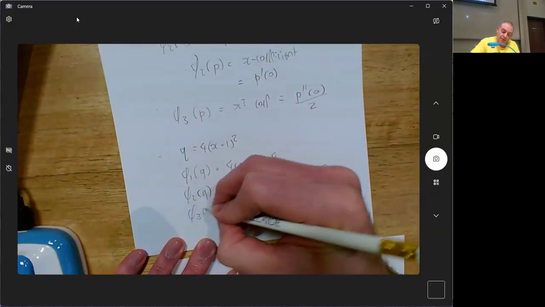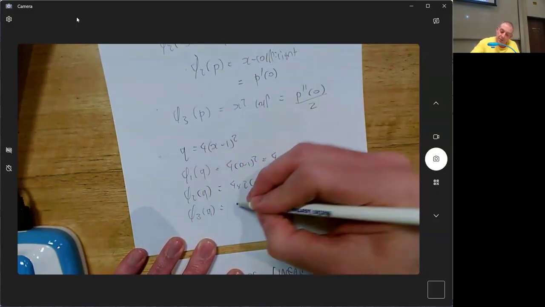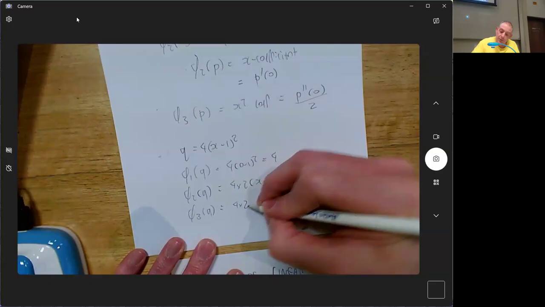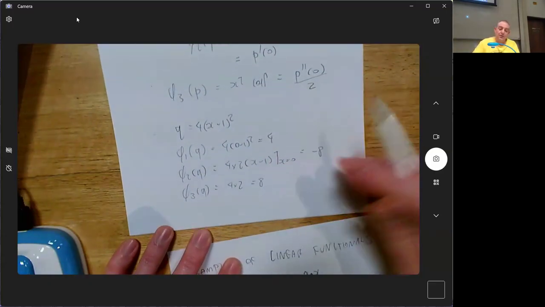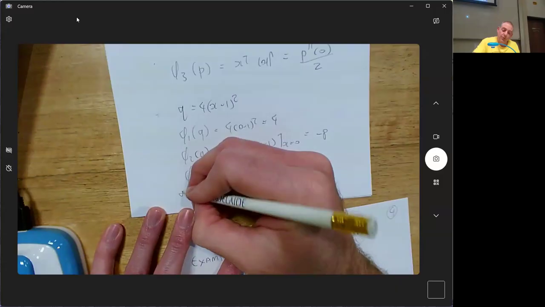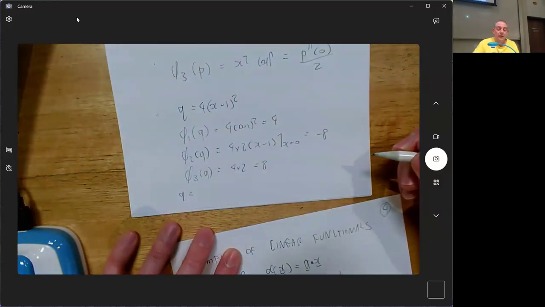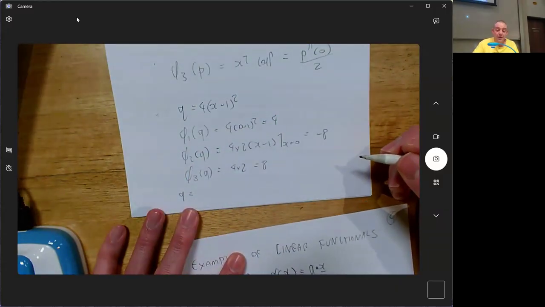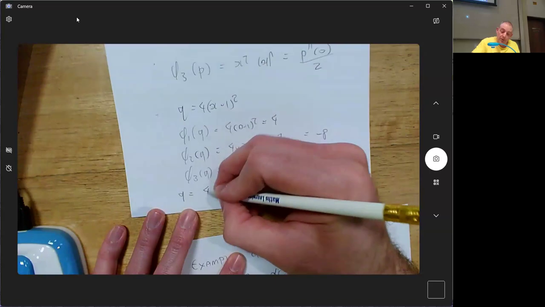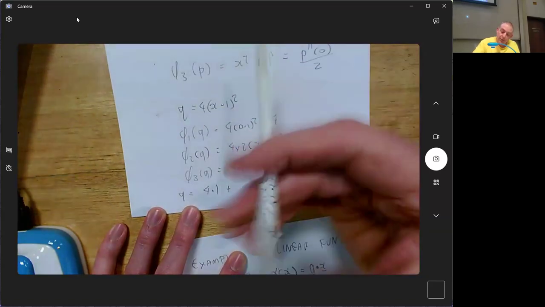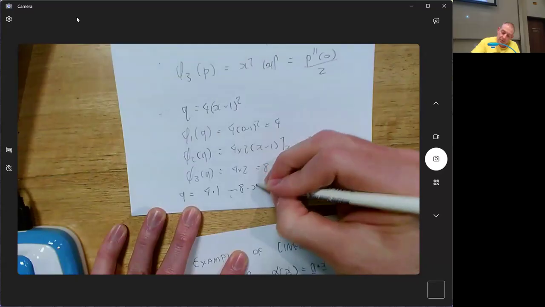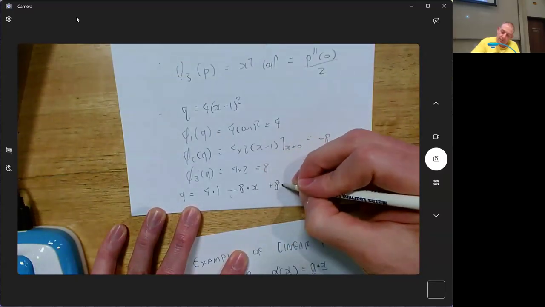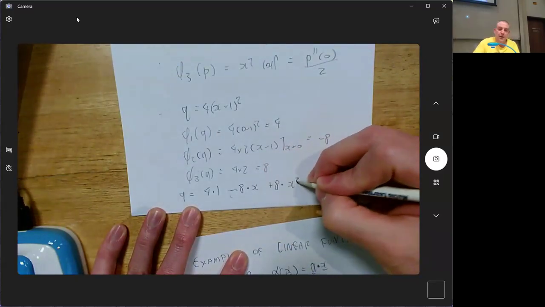And phi 3 of q is the second derivative, which is 4 times 2, which is 8. And so therefore we can rewrite q as a basis of these things, because it would be phi 1 of q times 1 and phi 2 of q times x and phi 3 of q times x squared.